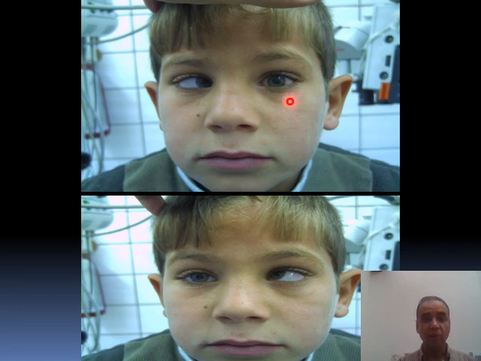But you should remember our aim in management is not to get visual acuity 6/6, it is to restore binocular single vision. I think the age of this boy may be 7 or 8 years, and the squint is not corrected.